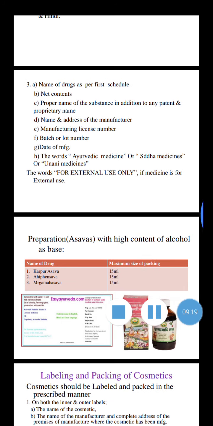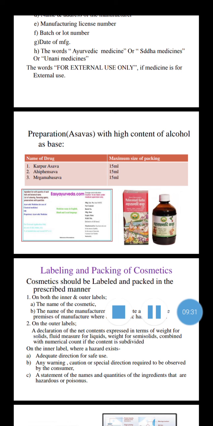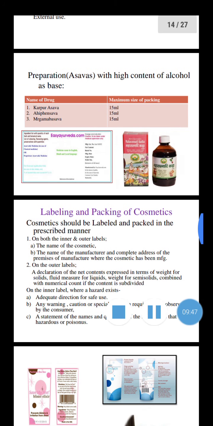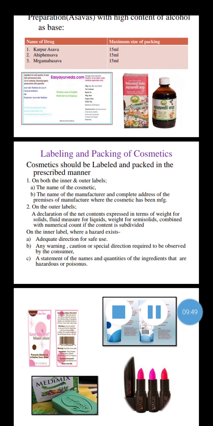If the medicine is for external use, then for preparation with a high content of alcohol, write the percent alcoholic formulation. These are examples: asavas, in that the names of drugs or ingredients, their quantities, and the name of the Ayurvedic formulation in Hindi language.